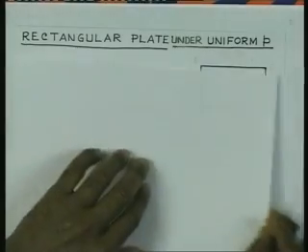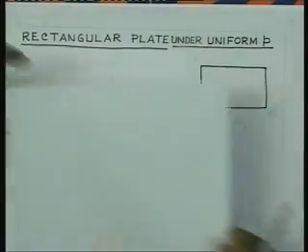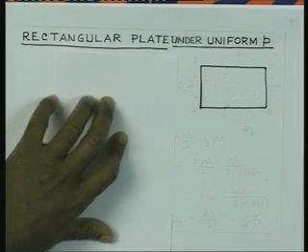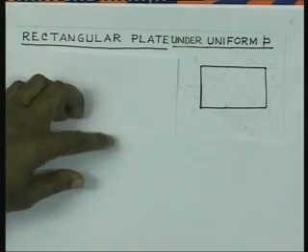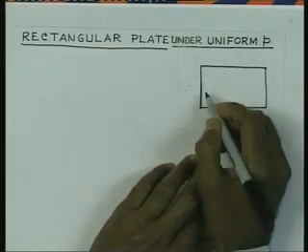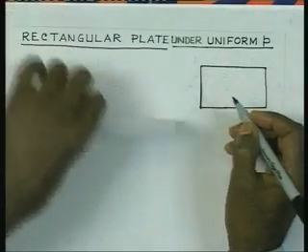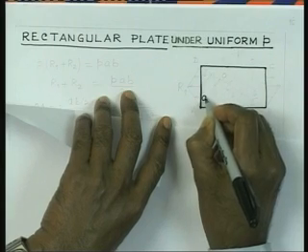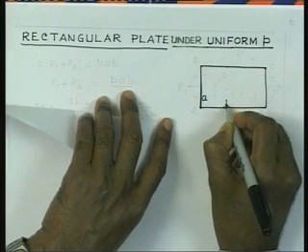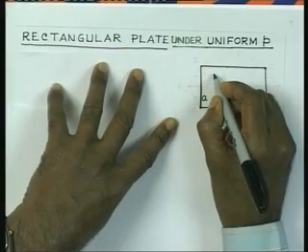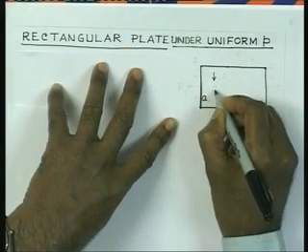So, the plate is shown here. The dimensions, let us consider that the height is A and this width is B, and it is subjected to uniformly distributed load.